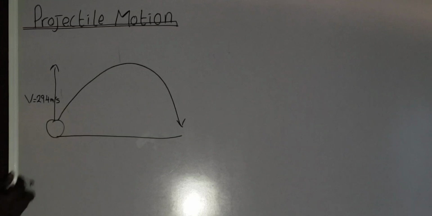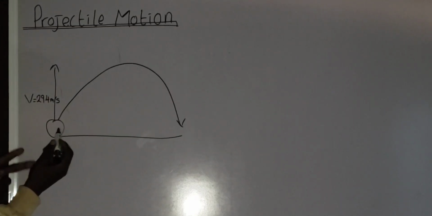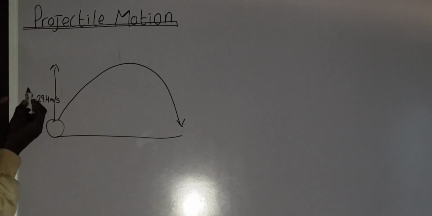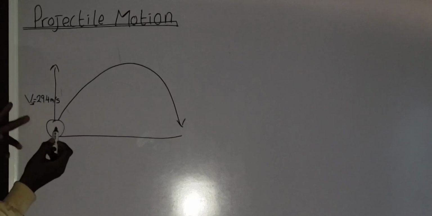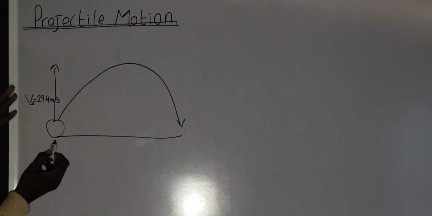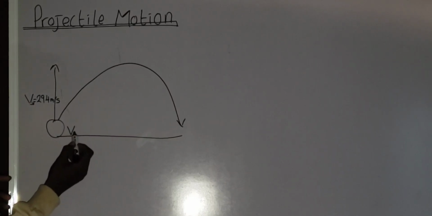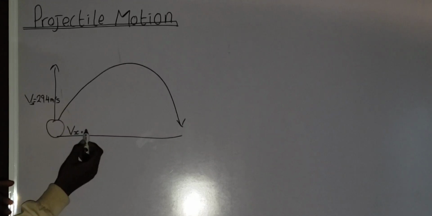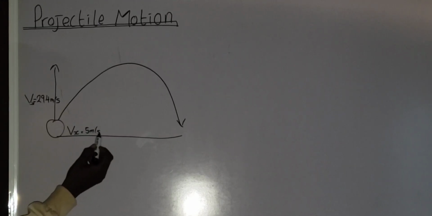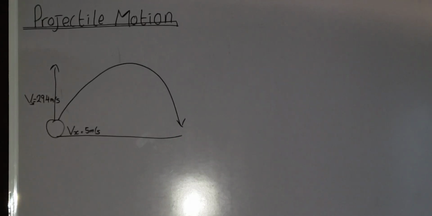Now, the question now say, let's say along the x-axis, that is Vx. Along the y-axis, that is Vy. Velocity along the y-axis is this, and the velocity along the x-axis is say 5 meters per second. Do you understand? Okay. Now, what will happen to both Vy and Vx after 1 second?